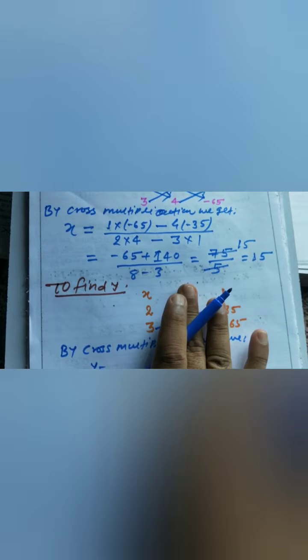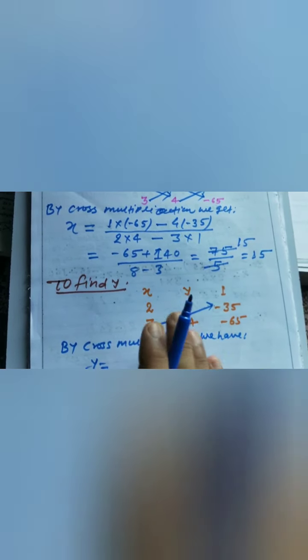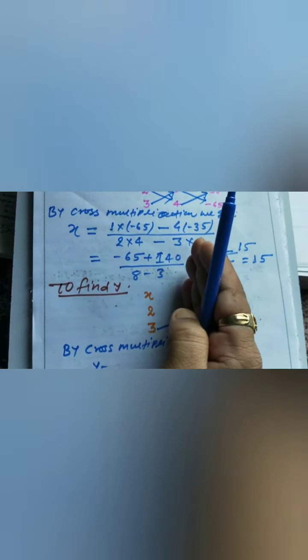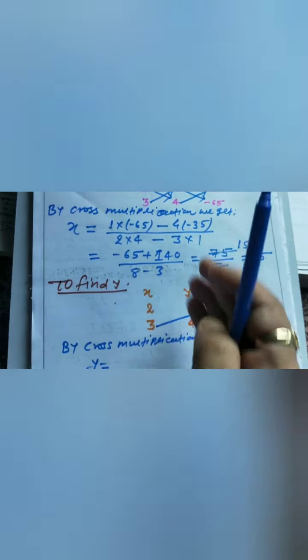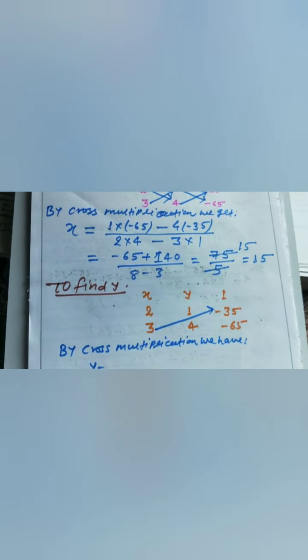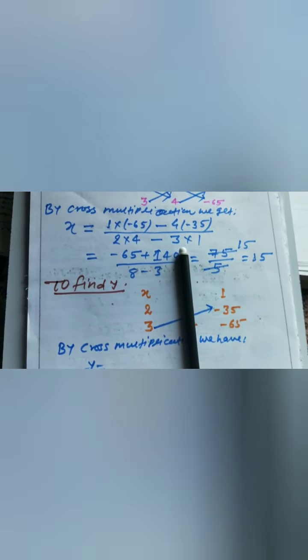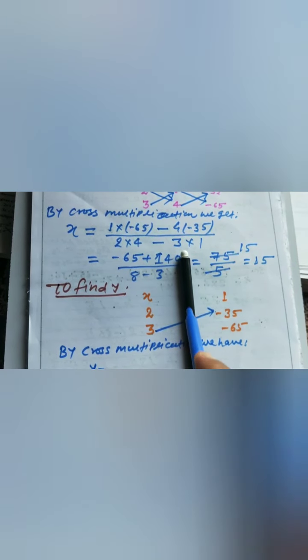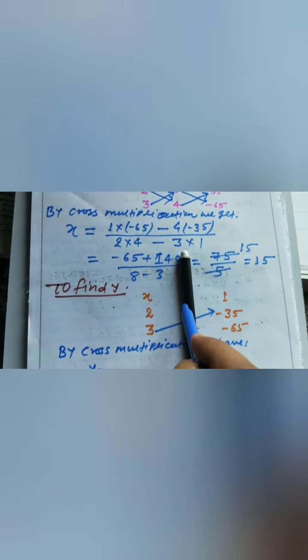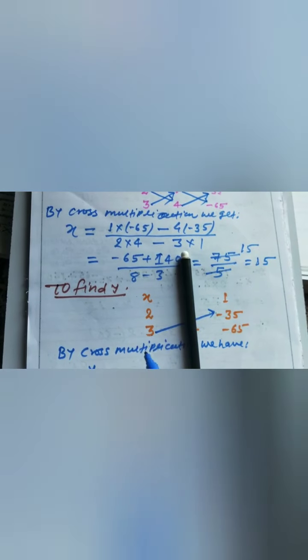To find the value of y, you first cover the coefficient of y along with y, like that, and now you have to multiply.